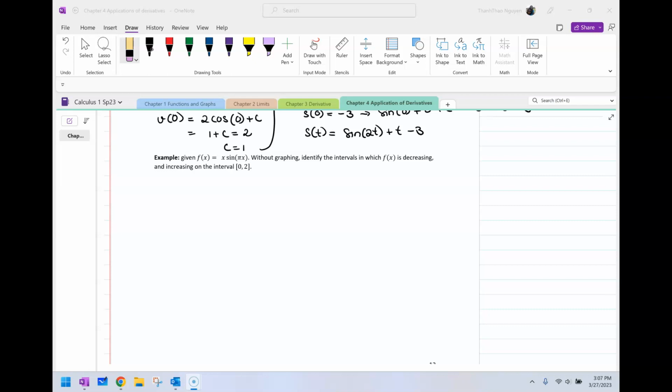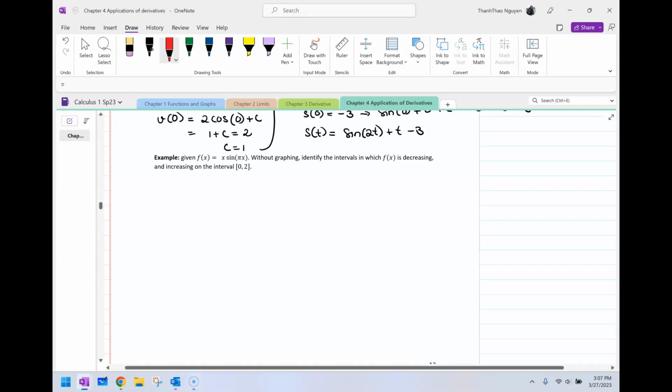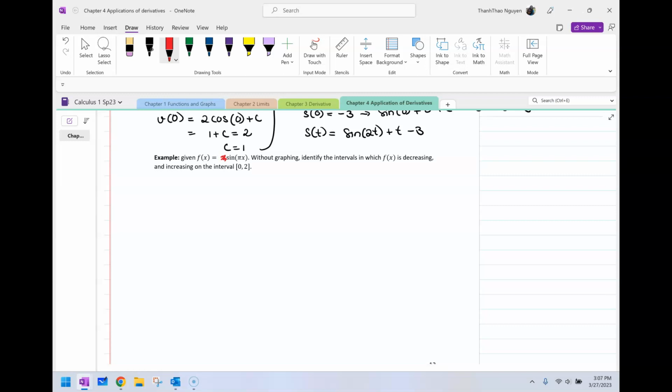Given f of x equals sine pi x, without graphing, identify the intervals on which f of x is increasing and decreasing on the interval 0 to 2. The 2 is a little bit bigger than pi over 2, so keep that in mind.